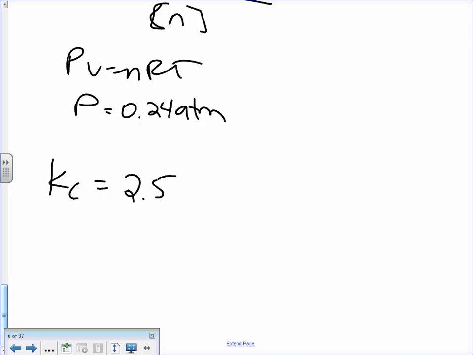And then what? So we're equaling X over 0.010 minus X. 0.010 molar minus X. So tell me what this means. We showed the KC expression. And what's this X on top representing?